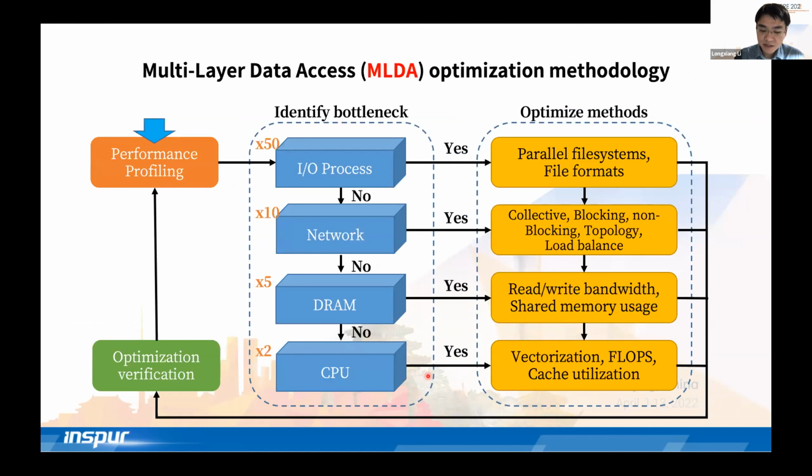The next step is to optimize the network communication, including changing the MPI functions and optimizing the load balancing. The third step is the optimization for memory size, including balancing the reading and writing data size and using shared memory. Finally, we optimize for CPU computation, such as vectorization and cache usage.